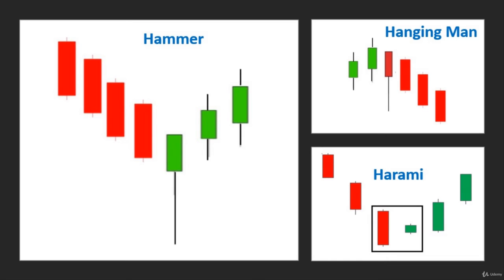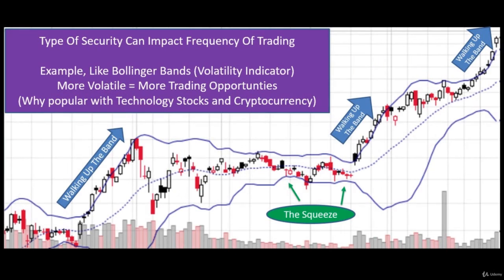Another thing that can impact how frequently you're trading is the type of security. For example, things like Bollinger Bands, which is a volatility indicator. The more volatile your security, the more trading opportunities there are, because it's always going up and down, walking up a band, walking down a band, all that stuff. That's why Bollinger Bands are popular with securities such as technology stocks and cryptocurrency.